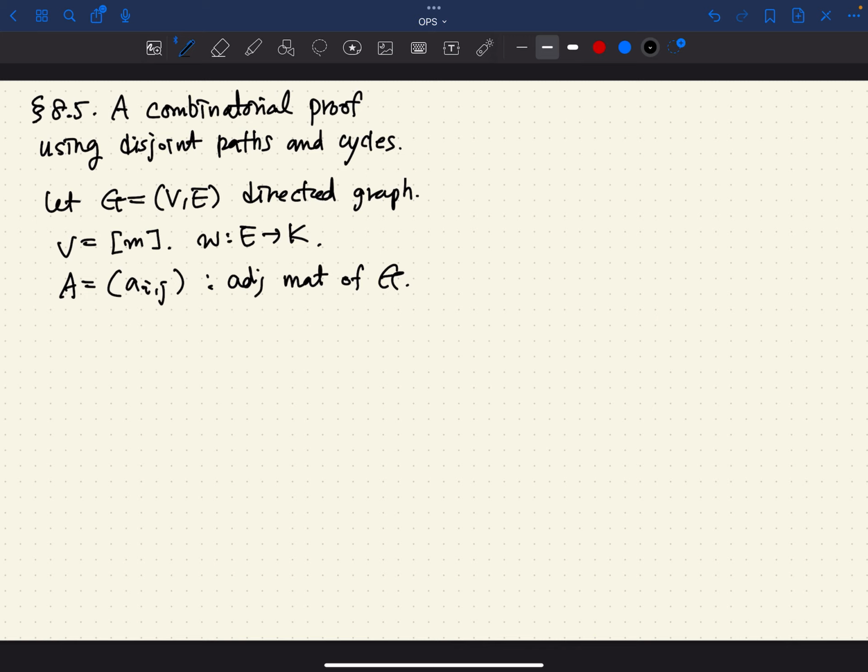Now we need to define a cycle. A cycle is a path, let's say from 0 to n, such that the first element is equal to the last element. And when you say a cycle, we will always identify a cycle with its cyclic shift.